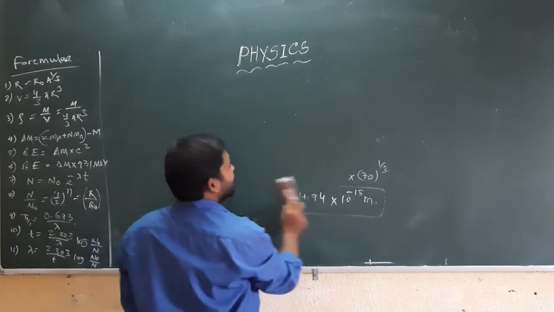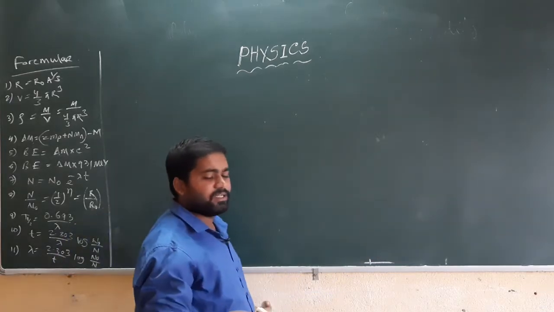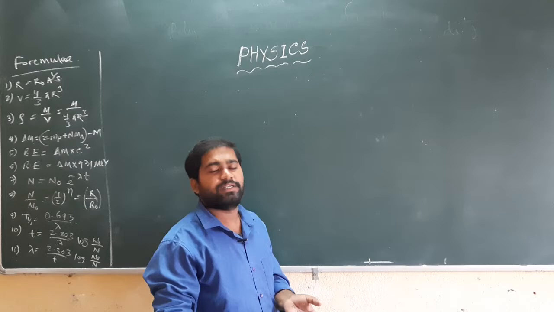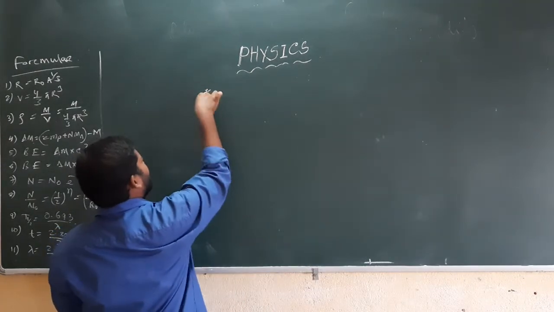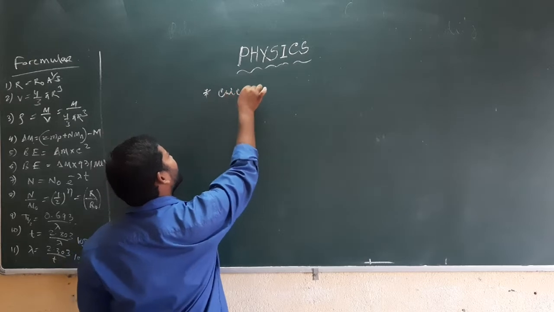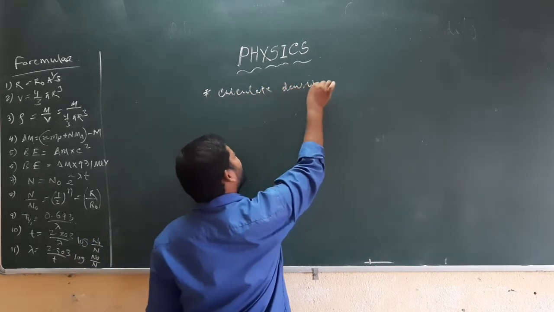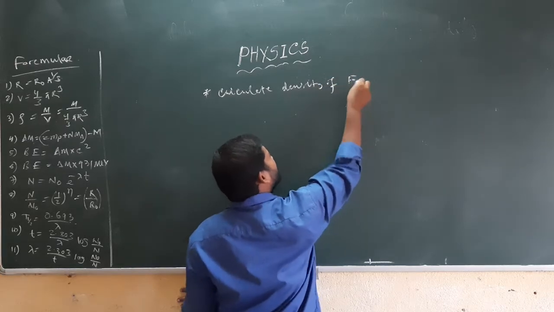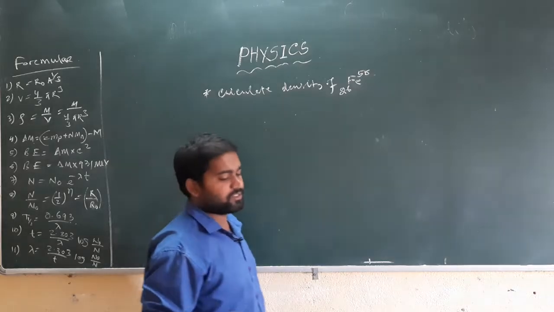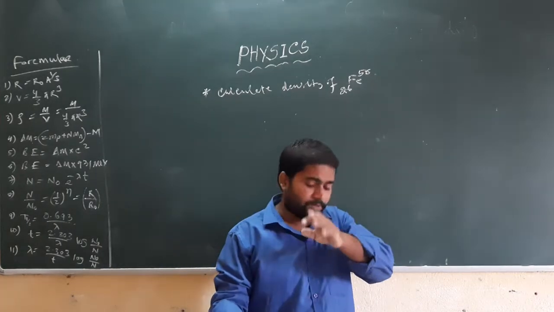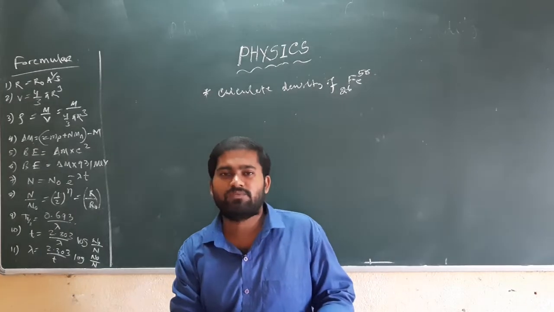Second thing, let's calculate some density data. Some problems are also given to find the density of a nucleus. Suppose the data is given: calculate the density of iron 56. What is the formula of density? Density is mass by volume.